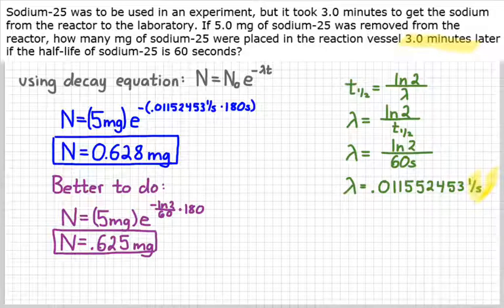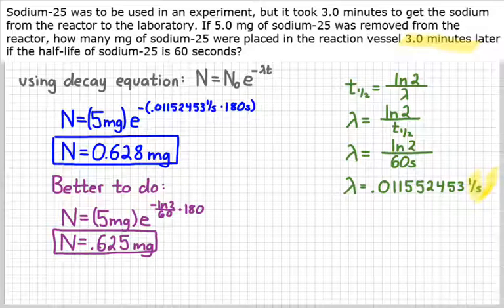So even though I kept my decay constant out to 8 decimal places, I still get a little bit of rounding error in my final answer due to that whole e to the power of thing. So if you're using things like this, when you get the decay constant, it's better just to leave it as the natural log of 2 over t when you plug it into the equation.